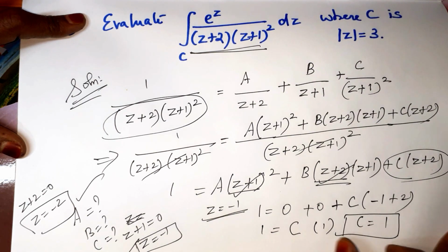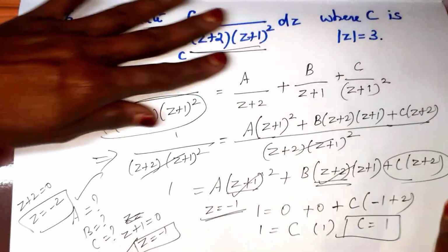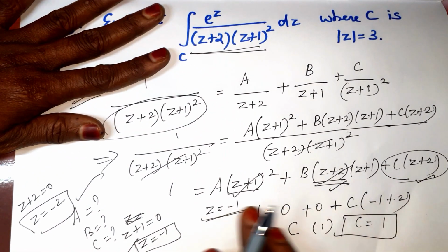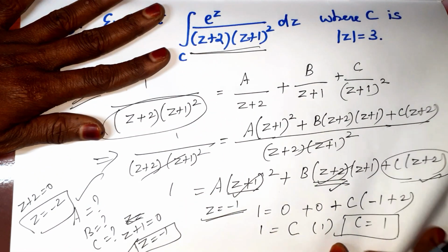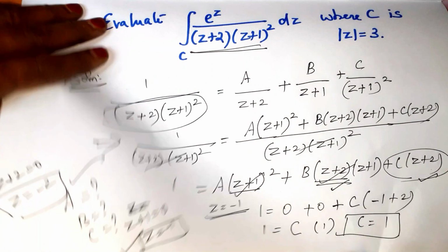We got one constant. Okay. Next, what is the value we have to take again? z equal to minus 2. z equal to minus 2 means in this expression this term will become 0 and this term will become 0. Here alone we have to substitute. So 1 is equal to A into z plus 1 the whole square.